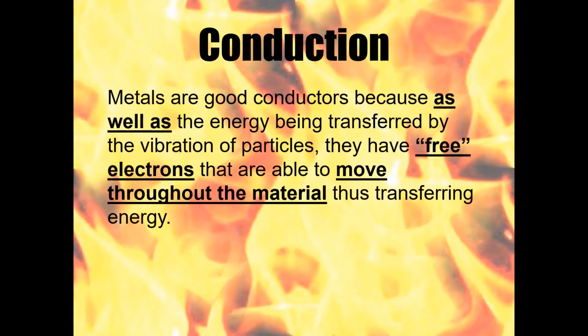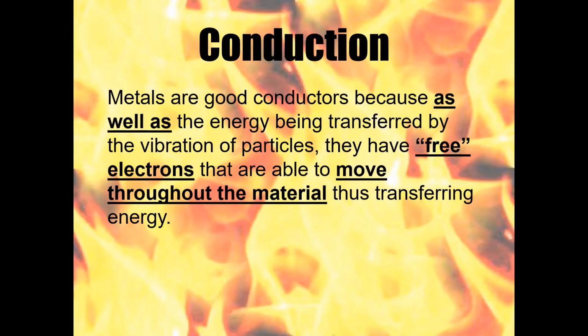So the presence of those free electrons that are able to move freely throughout the material is going to massively speed up the transfer of thermal energy throughout the material. Now, different metals contain different numbers of free electrons, and so the metals that contain more free electrons are going to be much better conductors than metals that contain less.